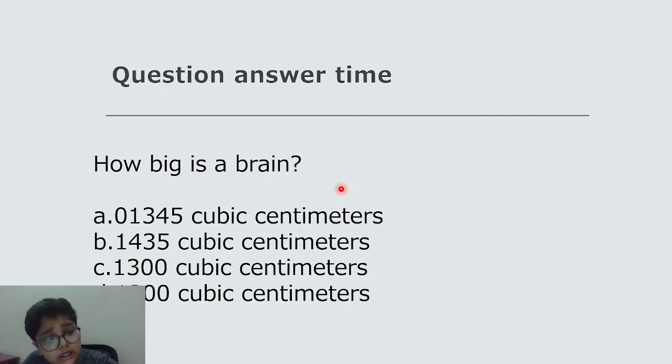So now let's see how big is a brain. How big normally is the brain of an average person? The question is this. So the correct answer is, the brain of a normal person is 1200 cubic centimeters. That's how big it is. So that's a big brain, isn't it?